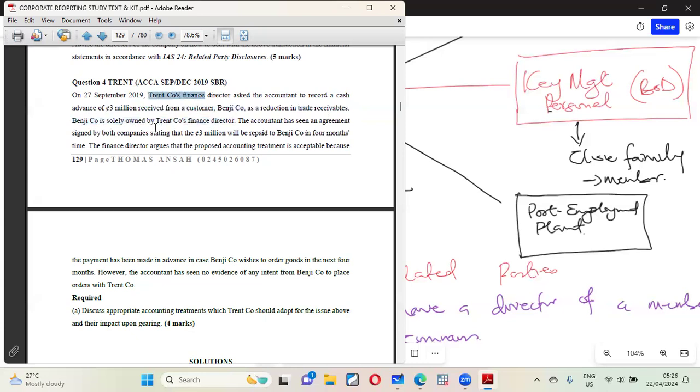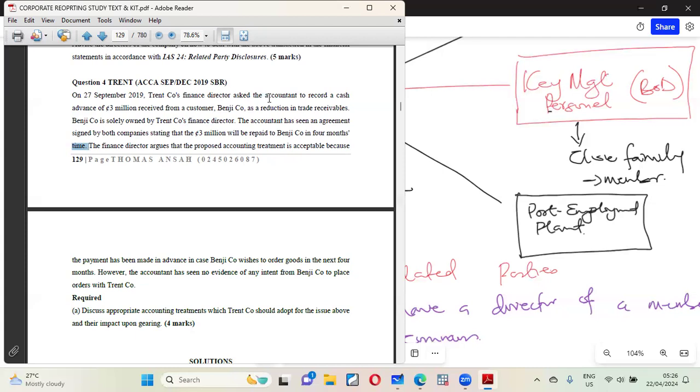So the accountant has seen an arrangement signed by both companies, stating that the 3 million will be repaid by Benji in 4 months' time. Now, look at this.